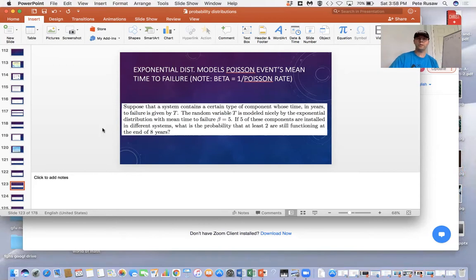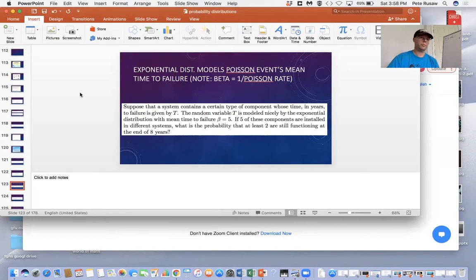And if you're in a Poisson situation, you have some sort of assumed constant rate, and beta in a gamma function is 1 divided by the Poisson rate. So we've got beta in our formula. And remember, an exponential distribution by default means that alpha from the formula is 1.